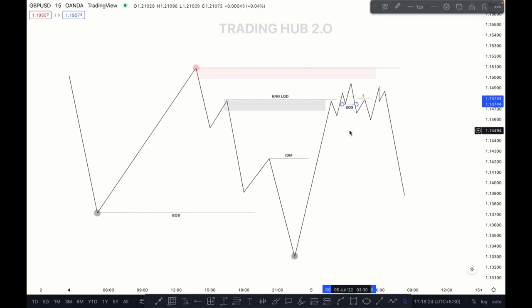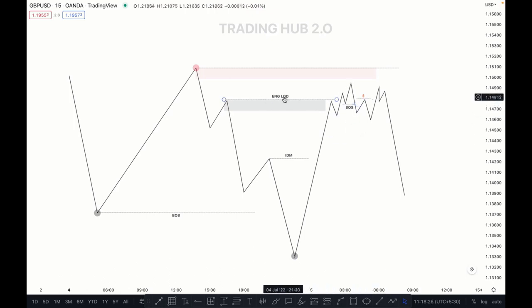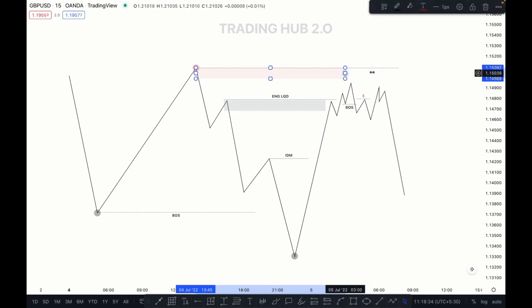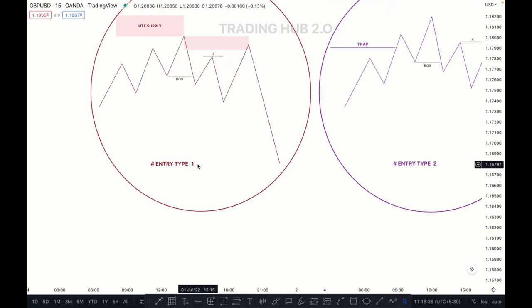Because you know the market took out the engineering liquidity. Our main purpose is taking out the engineering liquidity, not mitigating the zone, correct? If the market mitigates the zone, which is very good, then you have to apply entry type 1, okay, like this. The market takes out the minor inducement and we can sell here, okay?